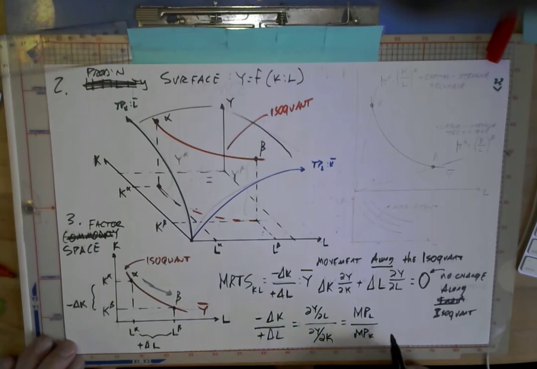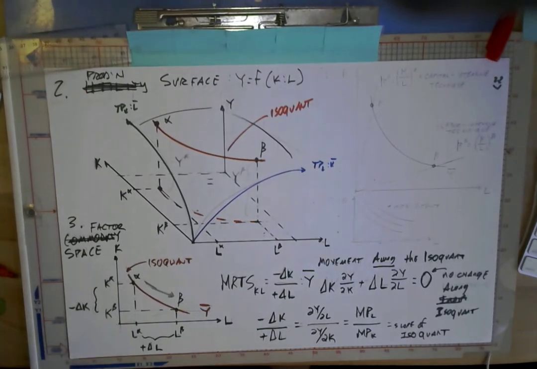This is the slope of the isoquant. And since this is a well-behaved production function, it's going to be convex to the origin. This is what's meant when we have convex technologies.